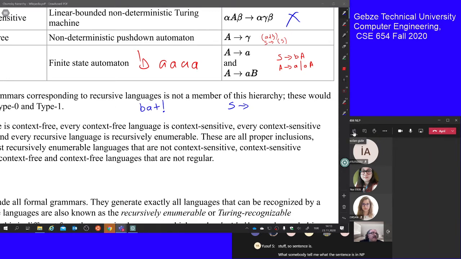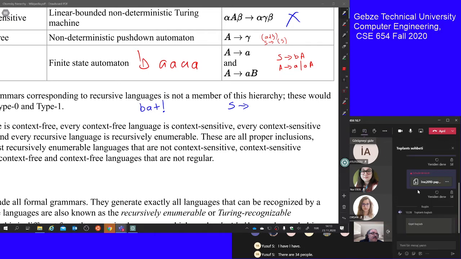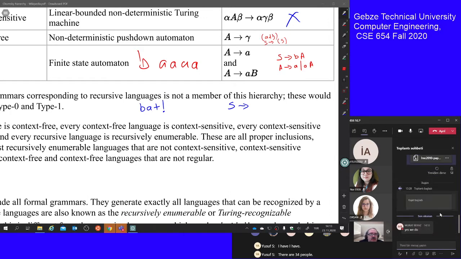You guys are hearing me? I hope there are 34 people. Somebody write something. Let me give you a hint.